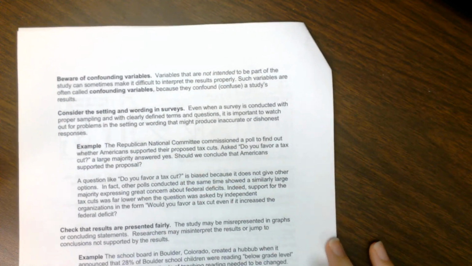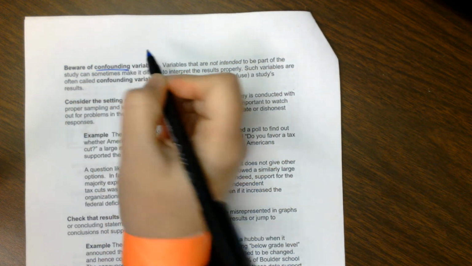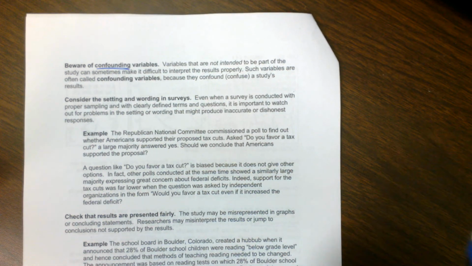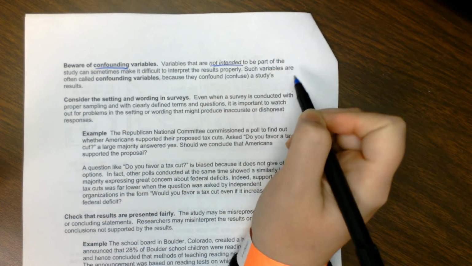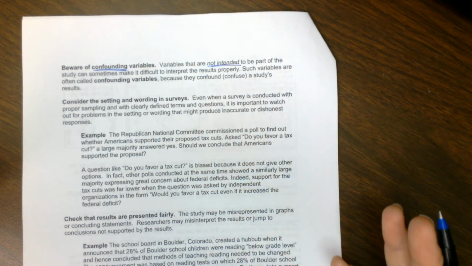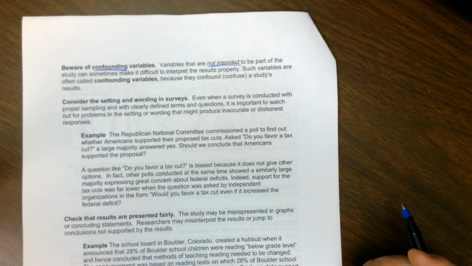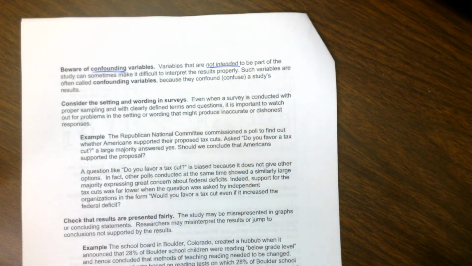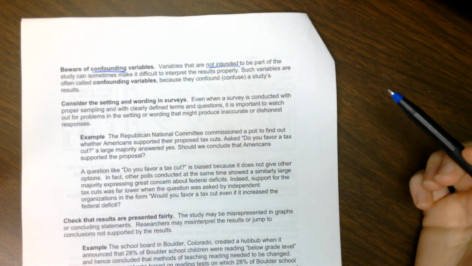Okay, the next one also has to do with variables. So beware of confounding variables. So the word confounding basically means like confusing. So these are variables that are not intended to be part of the study, but are going to be there anyway. For example, let's say you're studying the effect of a certain workout regime.